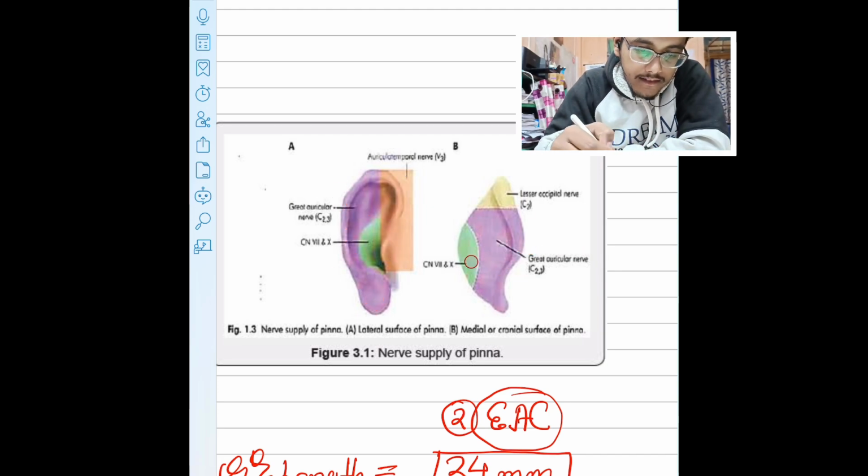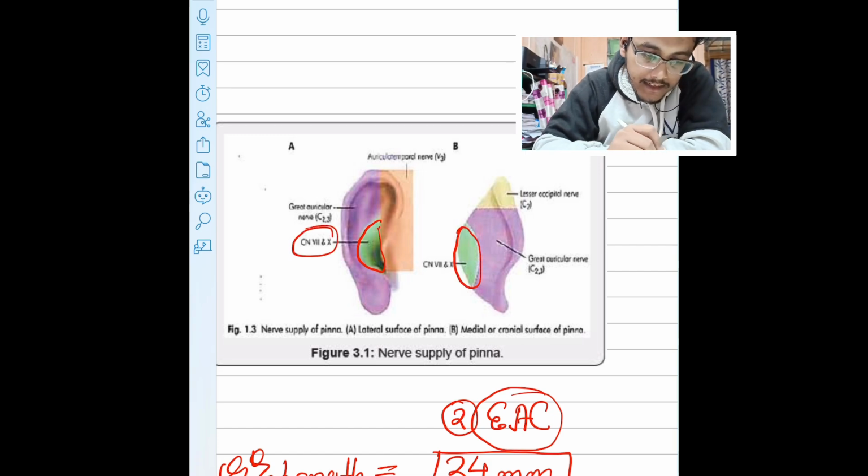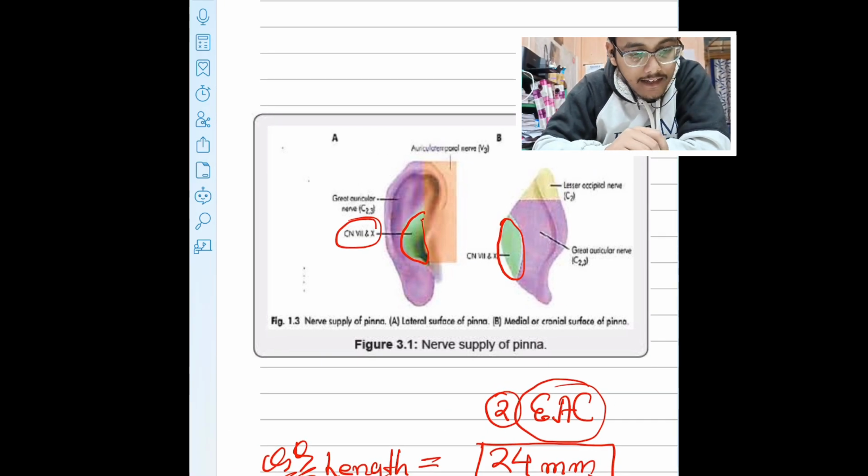And the area of the concha cavum, the area attached to the canal, gets two nerves from the canal: cranial nerve 7 and 10, the facial nerve and the vagus nerve. These two supply the area adjacent to the canal.